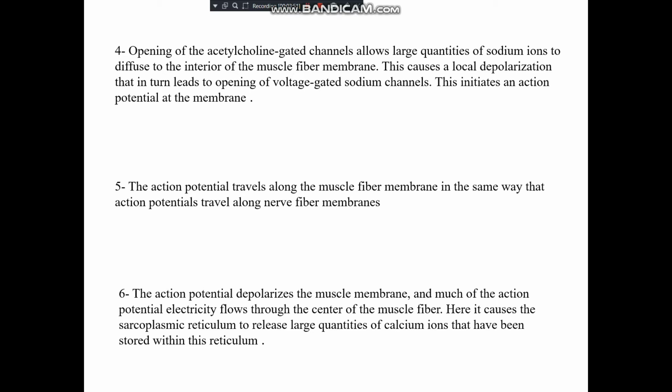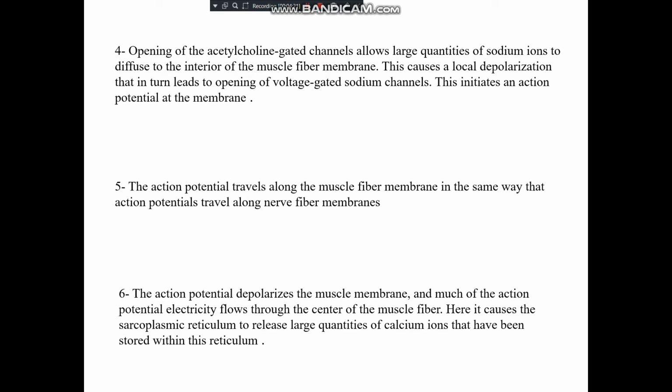See, this is the step. When the acetylcholine gated channels are opened, large quantities of sodium ions enter the muscle membrane. Once these large quantities of sodium enter the muscle, this causes local depolarization. As a result, voltage gated sodium channels are opened.